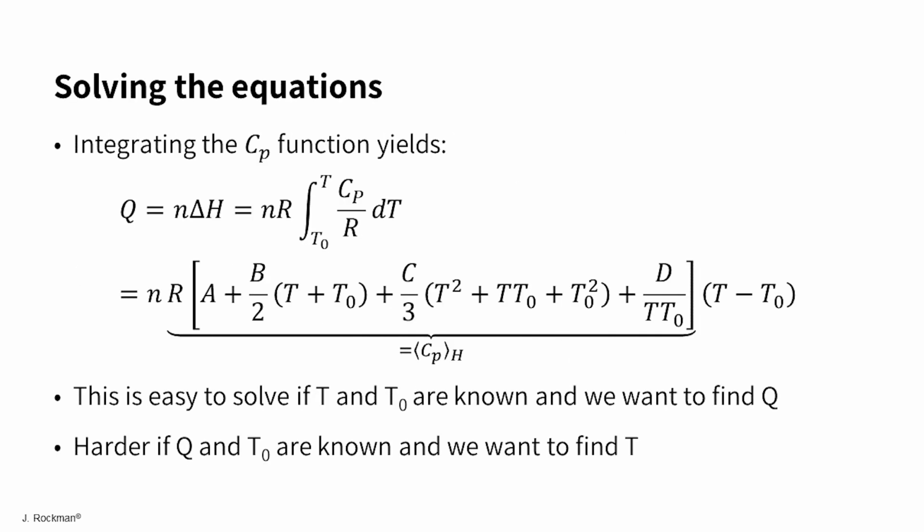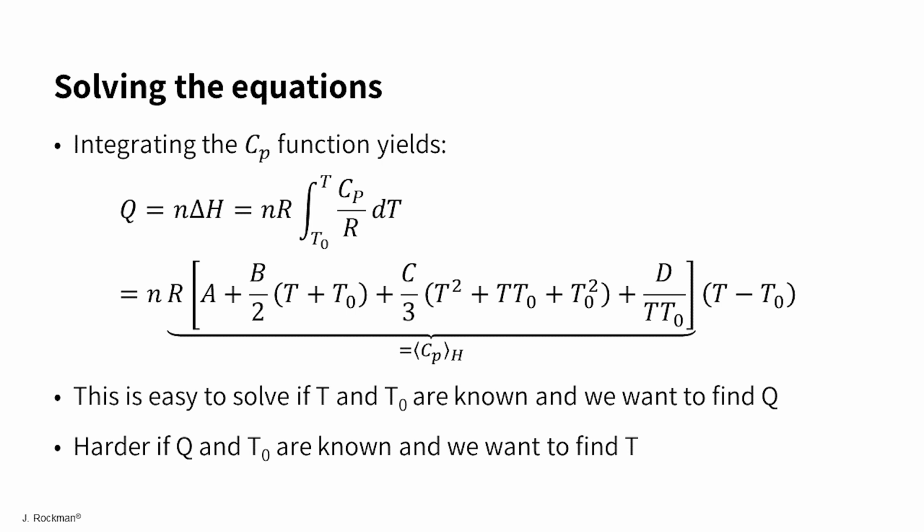Integrating this to calculate Q yields the expression Q equals N times delta H equals N times R times brackets A plus B over 2 times (T plus T0) plus C over 3 times (T squared plus T times T0 plus T0 squared) plus D over (T times T0), all this times (T minus T0).